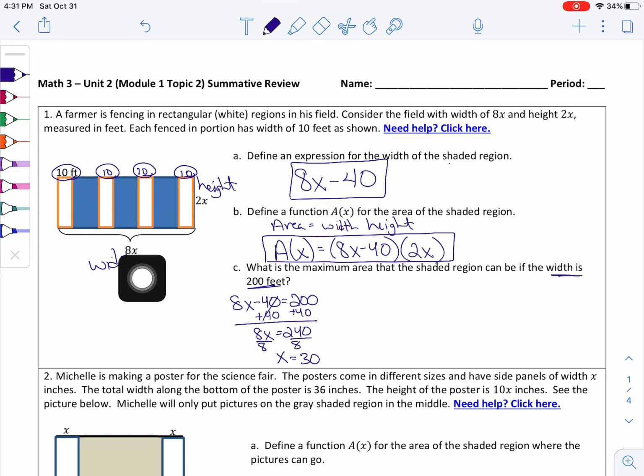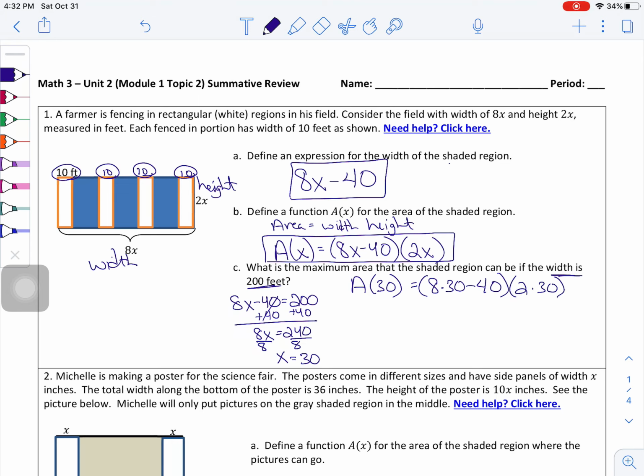Now that x answer isn't the answer to the problem because that's just the x that goes in these little expressions. So if I want to actually find the maximum area, I need to use this function that we figured out in the previous part. And everywhere I have an x, I'm going to replace it with the number 30. So area for 30 is equal to 8 times 30 minus 40 times 2 times 30.